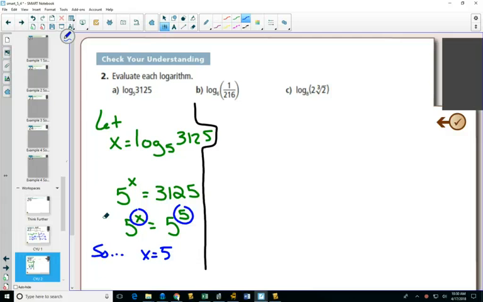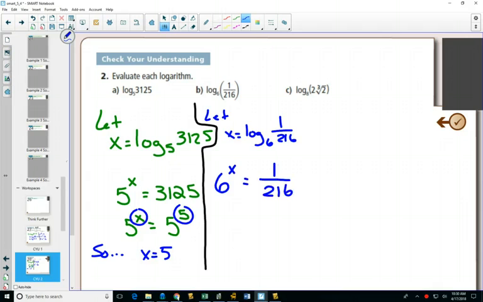For our second one, again, we'll let x equal log 6 of 1 over 216. That means in exponential form, 6 to the power x is 1 over 216. 216 is in our powers chart for 6's. It's equal to 6 to the 3.